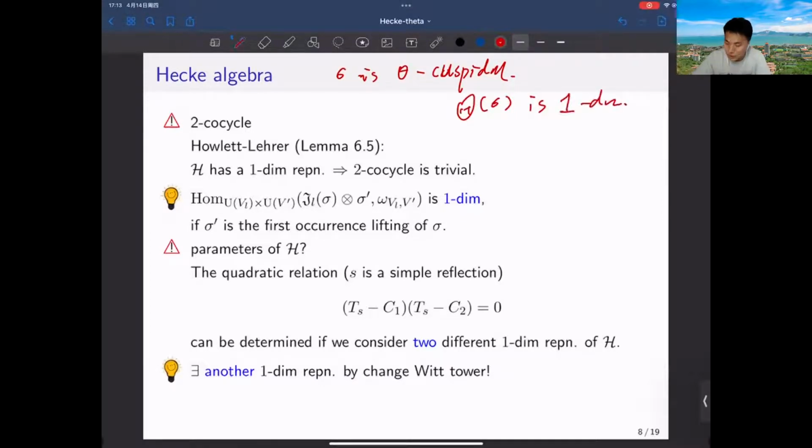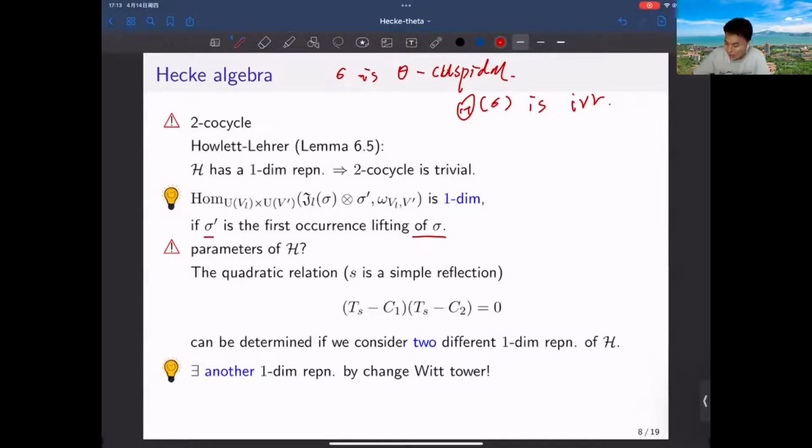And if you turn the table around, then if sigma prime is the first occurrence lift of sigma, this Hom space is 1-dimensional. So it is equivalent to saying that big theta is irreducible. Then, at least in our case, it automatically tells us the 2-cocycle is trivial.